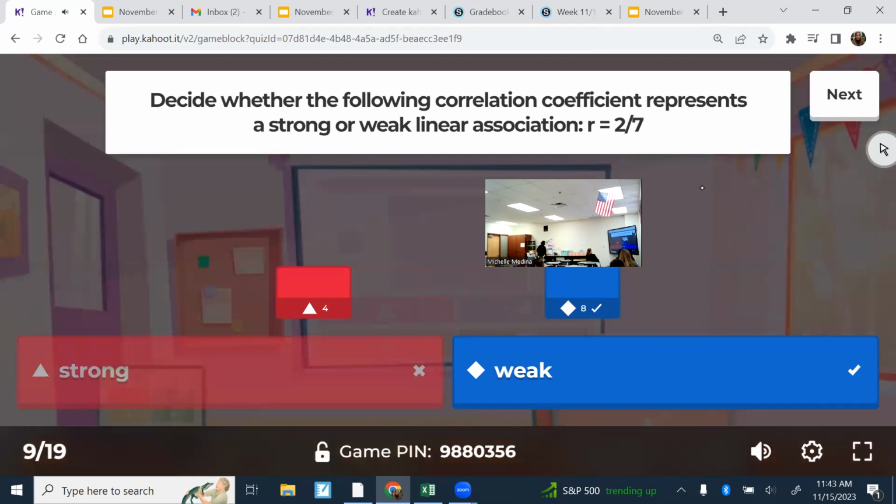I've not shown you a problem like that, but hopefully you could figure it out. Those of you that got it right, how did you know that it would be weaker, meaning closer to 0 than strong? Did you make the decimal? Did you just know? How did you figure it out?